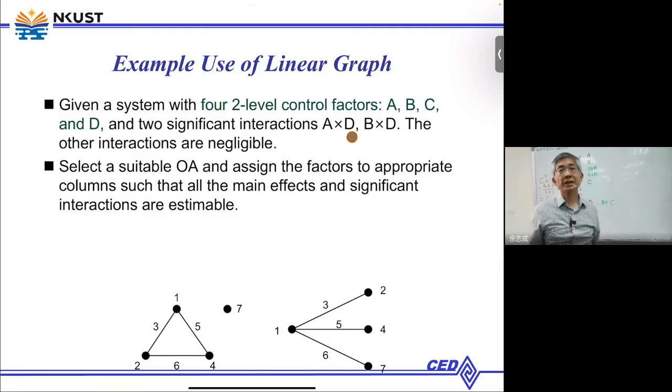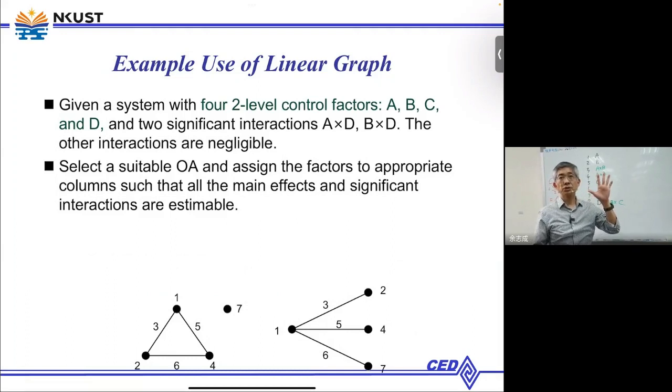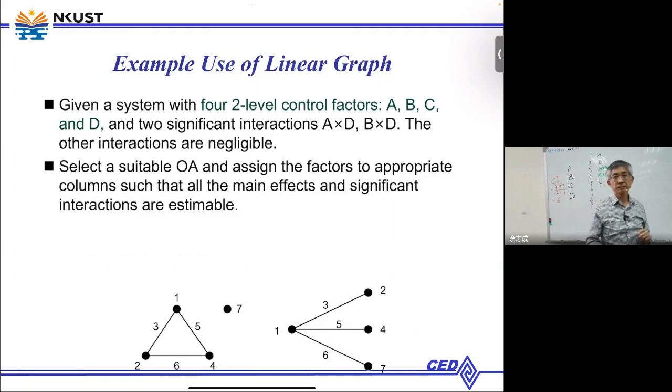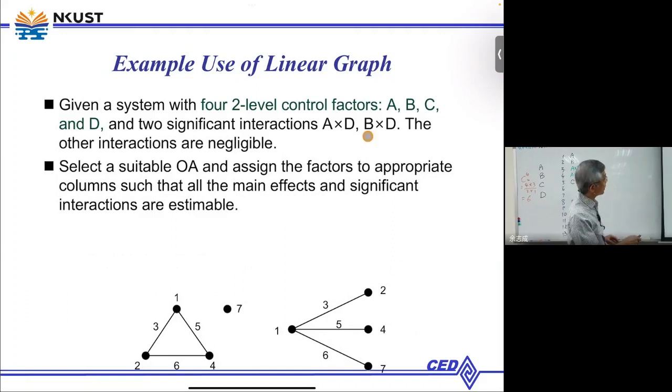The rest of the interactions can be neglected. If you want to analyze in your model A, B, C, D, and also the interactions AD and BD, how do you arrange your four factors, and make sure all the main effects and these two interactions can be estimated?